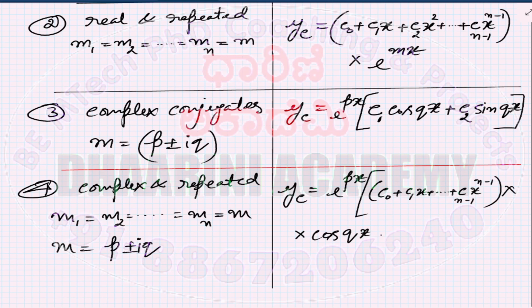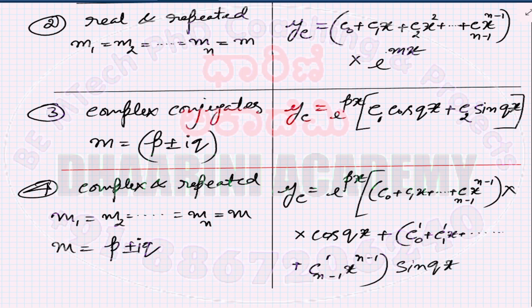Plus, once again, one more time, I don't write c naught, I write c naught dash, c1 dash into x plus dot dot dot, the last term is going to be c n minus 1 dash x power n minus 1, close the bracket, into sine qx. So you can see the similarity over here.